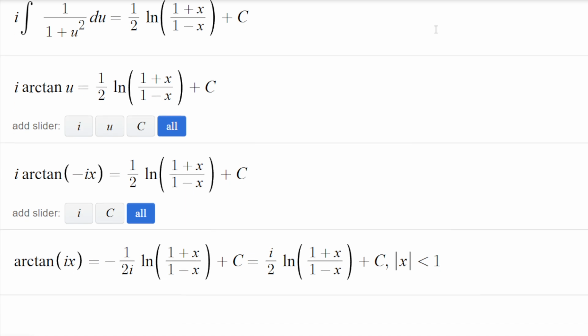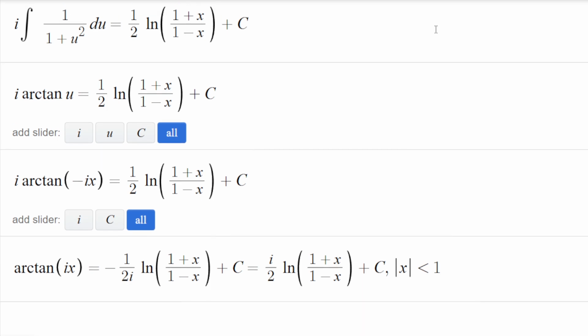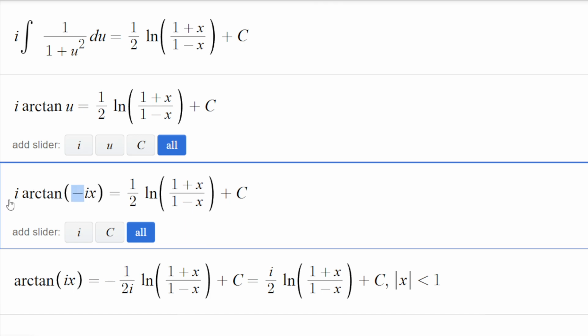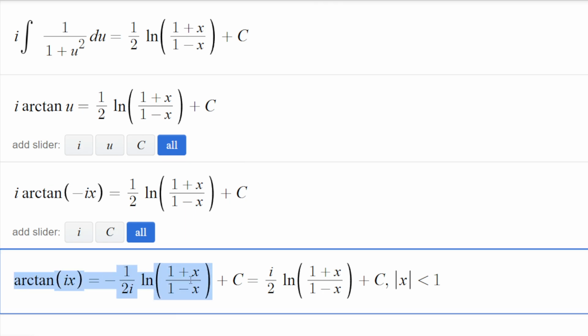All right. So now what I did is I brought the negative sign outside of our arctangent function and then divided both sides by negative i right here. And of course, this c is going to absorb any multiplication by a constant. And then I multiply the top and the bottom of this by i to just give us i over 2 instead of negative 1 over 2i.